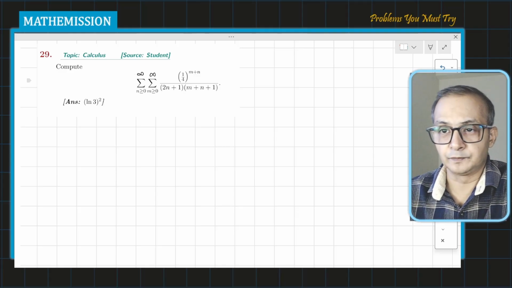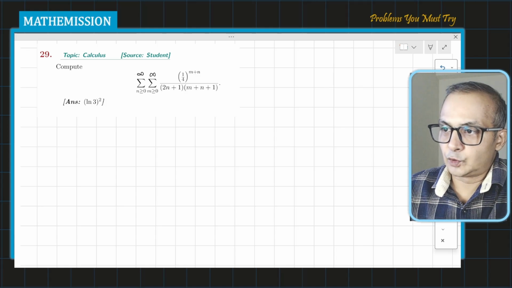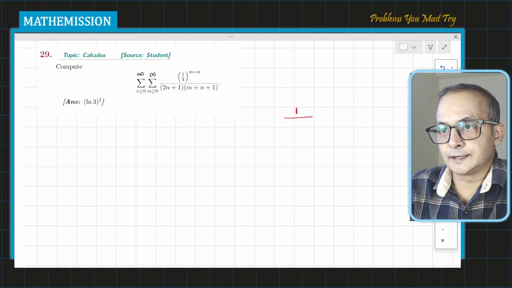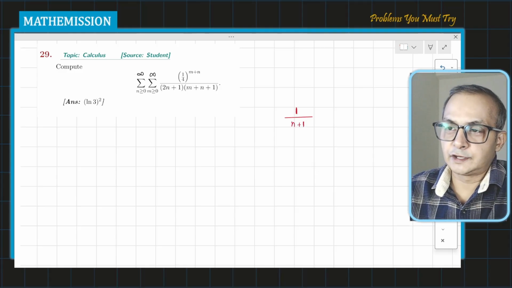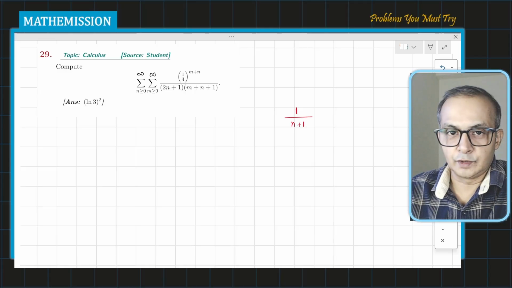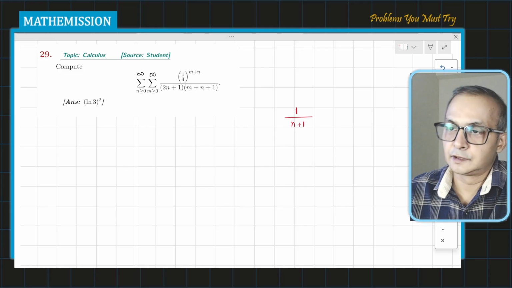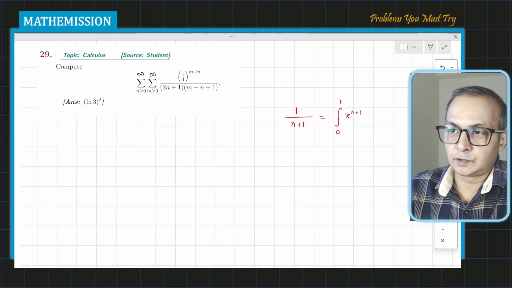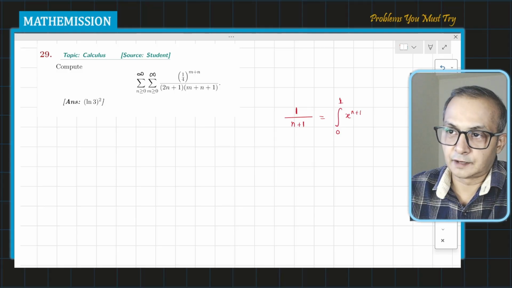So now the solution. First of all, suppose I ask you, let's say I'm writing here 1 by n plus 1. My question is, can I write this 1 by n plus 1 as the result of a definite integral? Yes, we can. We can write it as the integral from 0 to 1 of x to the power n, dx.